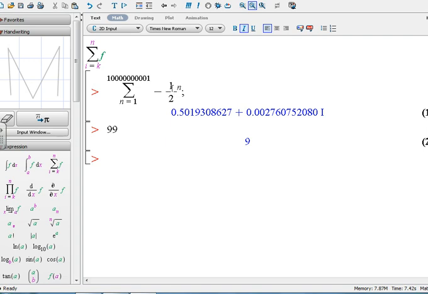Get rid of that. Parentheses minus 1 over minus 1 raised to the n divided by n. Is that what I got?